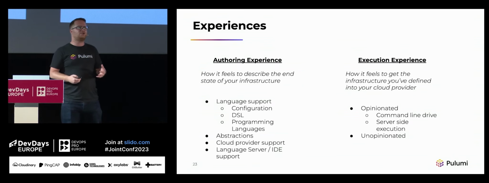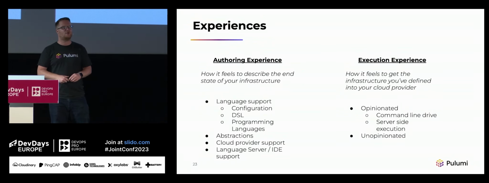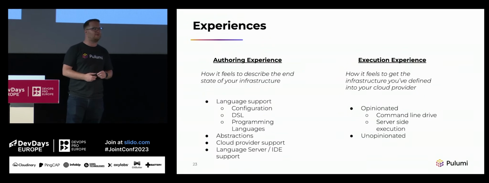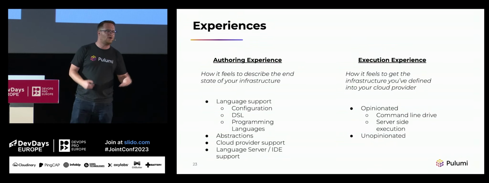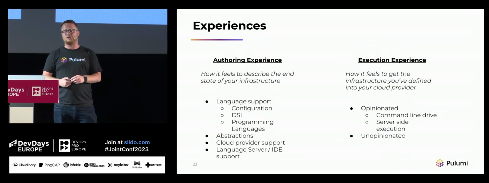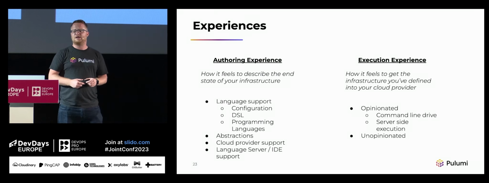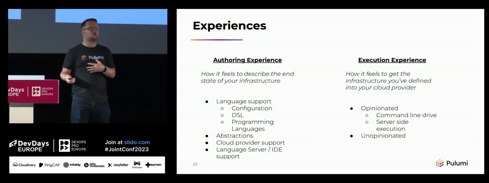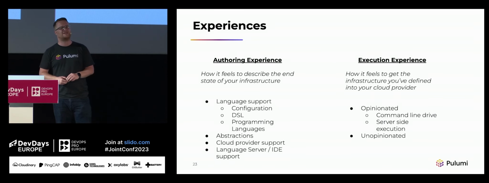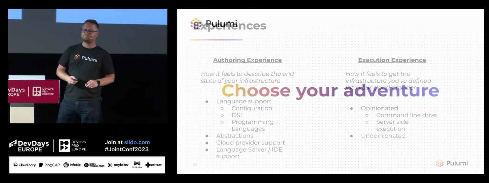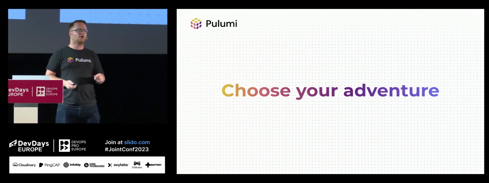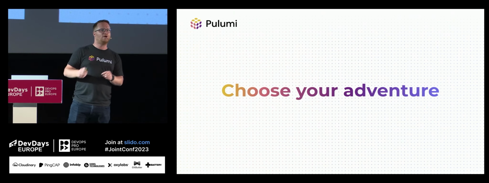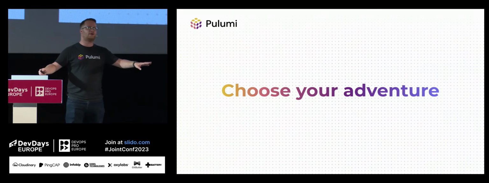And like, do I actually want this to be easy with a language server, or do I want to do it the hard way and write it all out on a piece of paper and throw it at a printer, or a fax machine? The execution experience is basically broken down into an opinionated or an unopinionated execution experience. And I'm hopeful that will make a little bit more sense as we go through the rest of this talk.